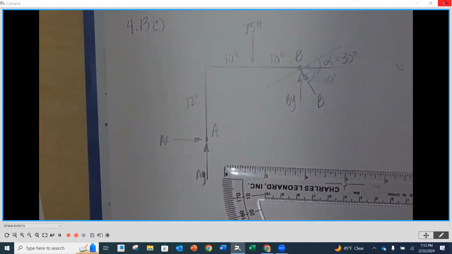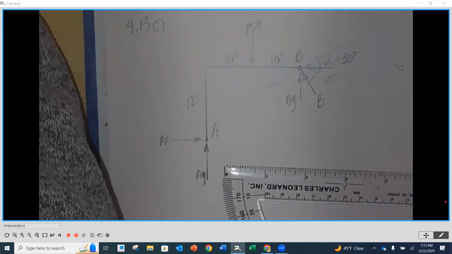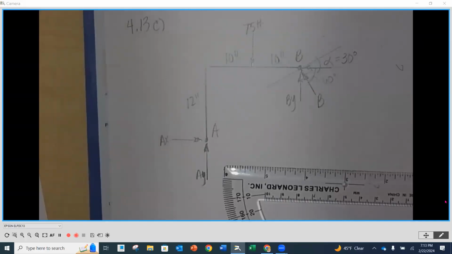All right. So those are the three looks at the free body diagrams for 413. John asked, do we have to draw a free body diagram for each one of the, for each angle? Yes. Yep, you're going to do three separate free body diagrams because it's really a three-part problem.